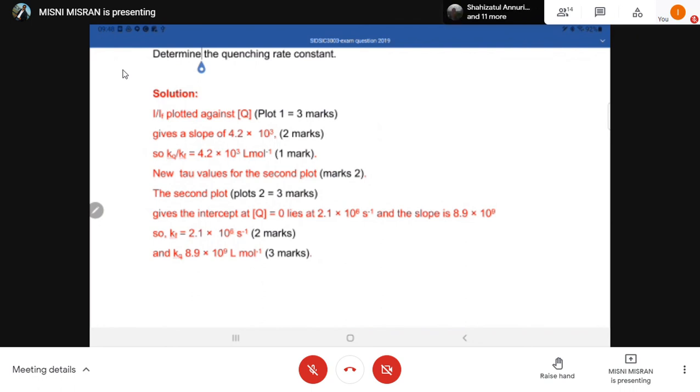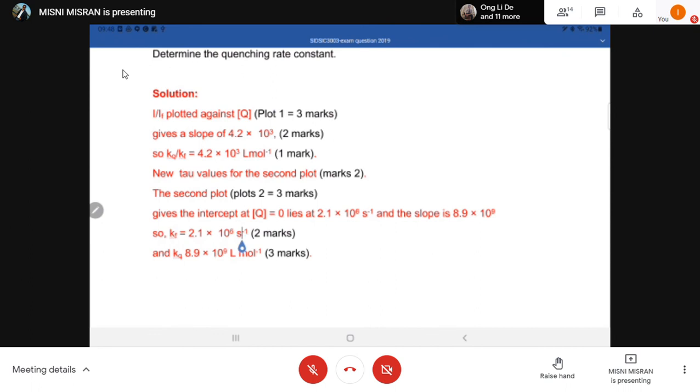I'm looking at your plot. As I mentioned just now, you get this value here from the slope of your plot, but it's not finished yet. The second one, you get the intercept and slope, which means you have the KF here.